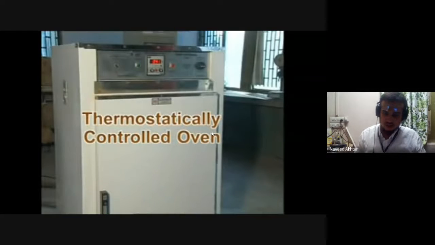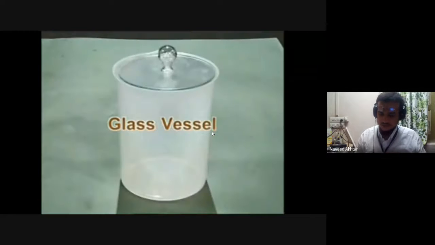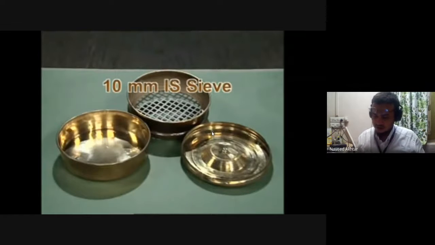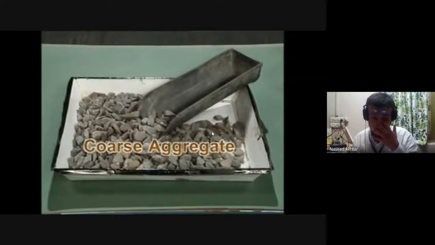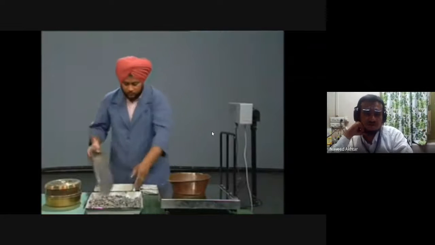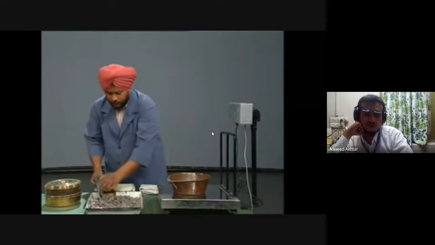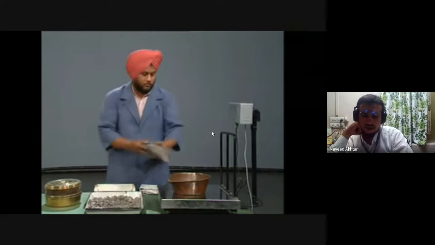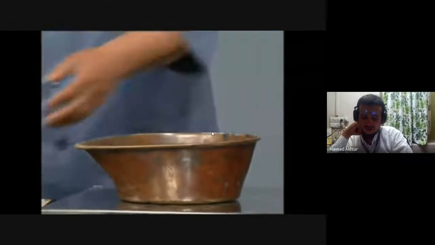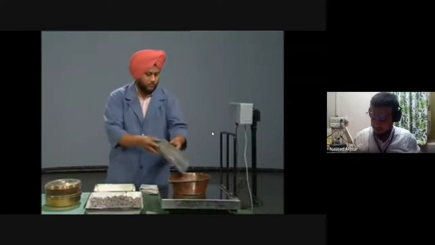Now we need an oven, a gas vessel, an airtight container, and also the IS sieve.